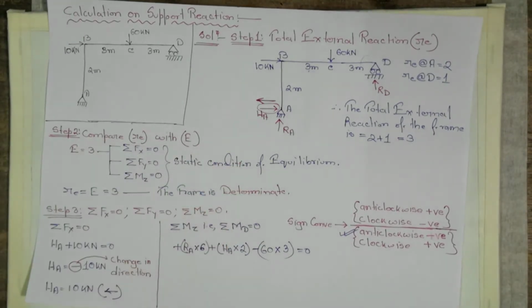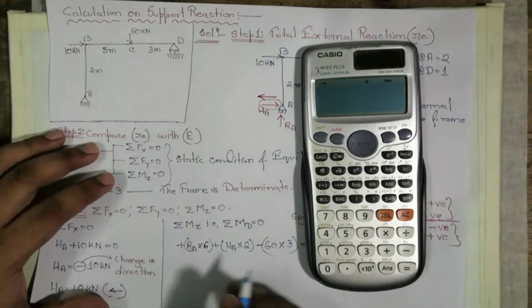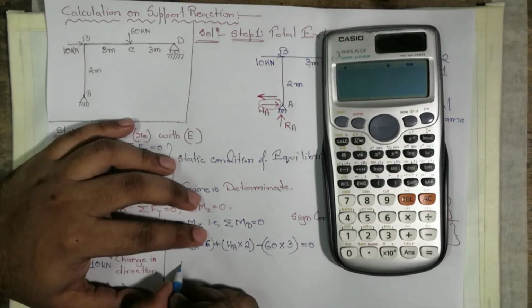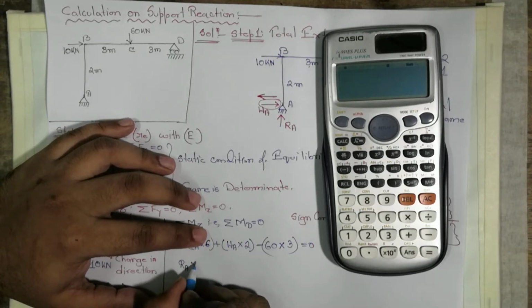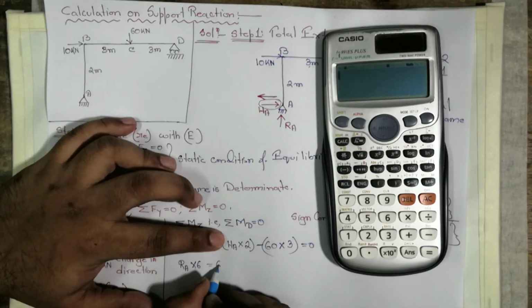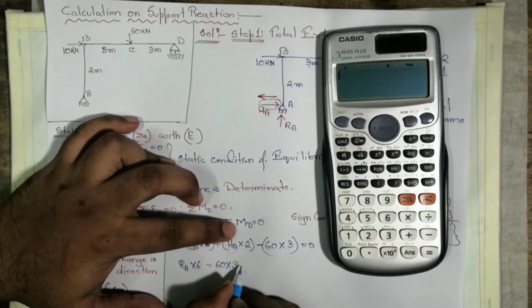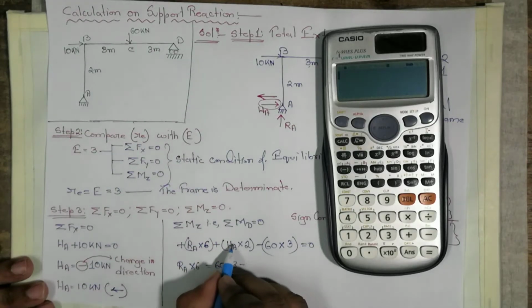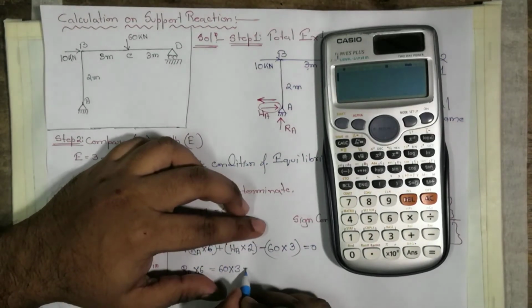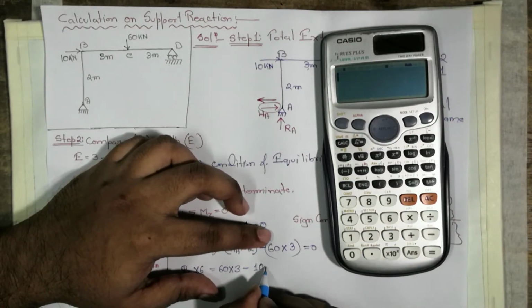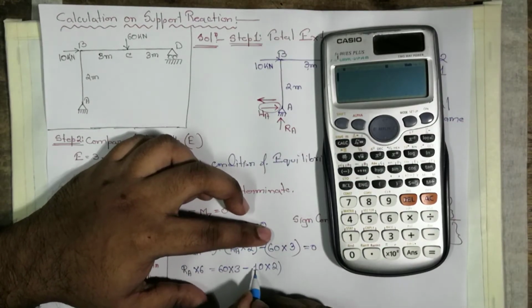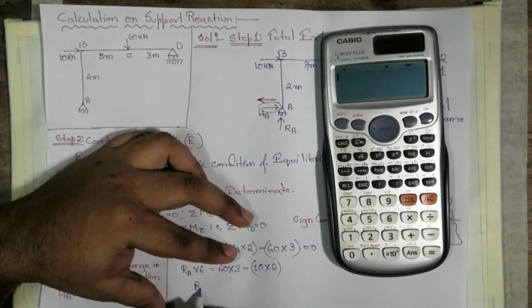Now we are going to solve this. The solution: RA into 6 is equal to 60 into 3 minus HA, which is 10 kilonewton. So we write minus 10 kilonewton into 2.